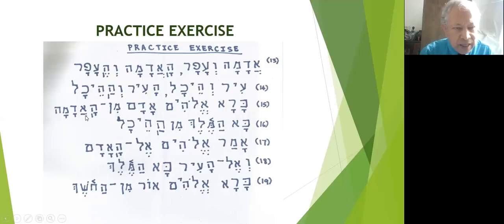And to facilitate this hurrying, this vowel here has to be shortened to a composite schwa. This is hatef pathak, which is a hurried pathak. So you don't stay long over the aleph, you hurry it to the last syllable. So it's athama.